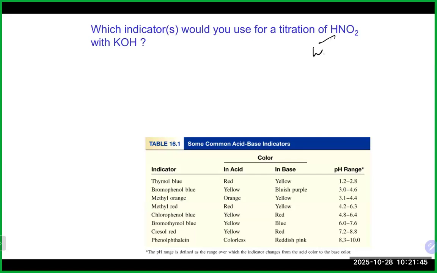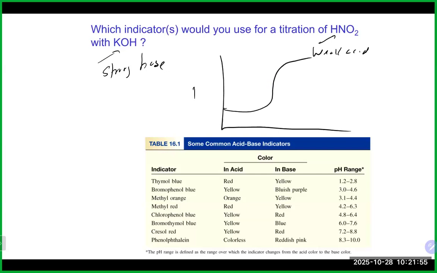So we know that this is a weak acid. This is a strong base. And because it is a weak acid, strong base, we're going to have our little titration curve looking like this. Our equivalence point should actually be, as we just calculated, basic. I think in our particular example, it was 9.3-ish. So it's definitely basic.